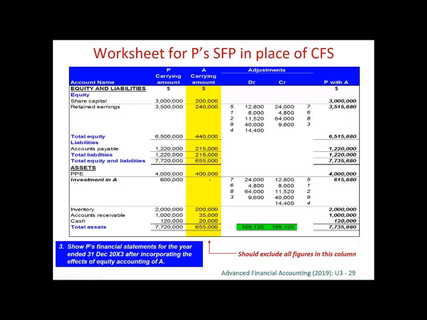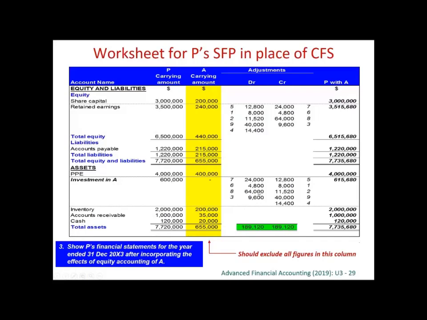As I've said before, if you can guess this figure, I will give you 5 marks. If you can guess, you are too lucky, you should get mark 6, right, instead of this. So if you cannot get this 615,680, please give me the workings, each individual figure.